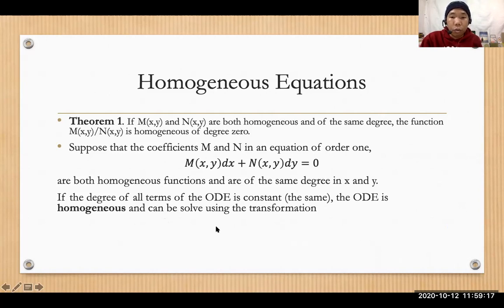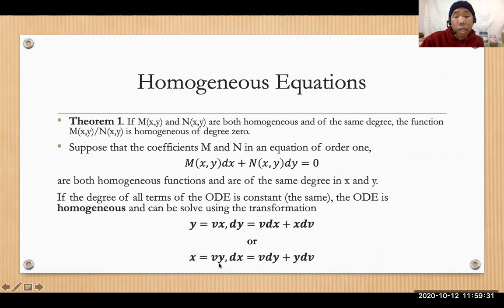So you can either put y equal to v times x and replace its differential dy equals v dx plus x dv, or you can put x equal to v times y and replace dx by v dy plus y dv, its differential. Are we clear here?